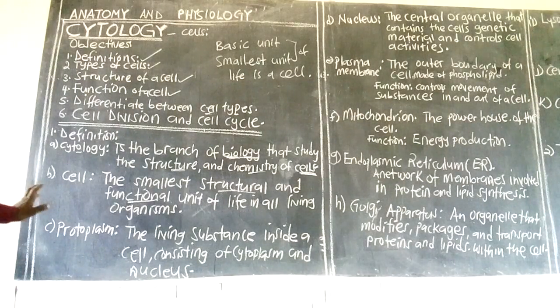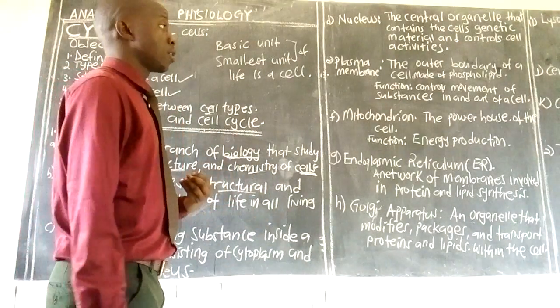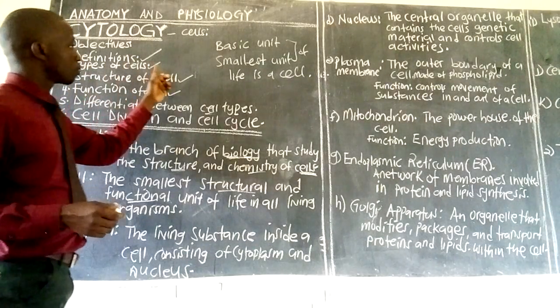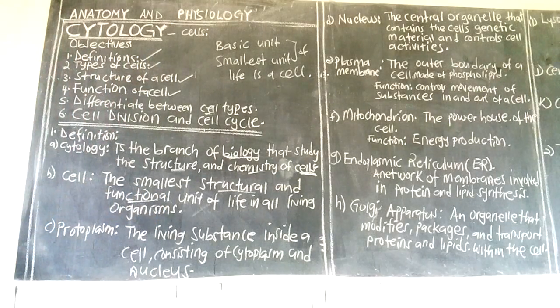So, like I said, cytology is the study of cells. We are studying these cells, and when we talk about the types of cells, we shall see that we have two types of cells.